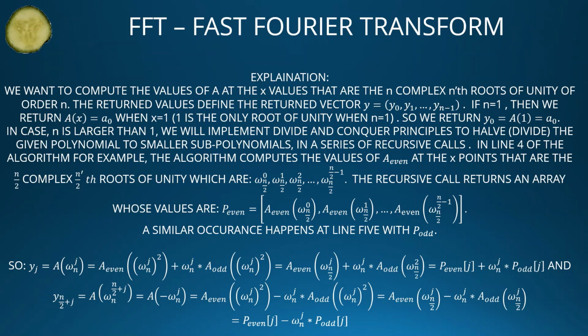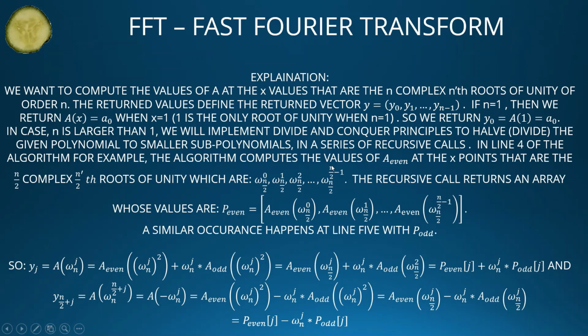In case n is larger than 1, we will implement divide and conquer principles to divide the given polynomial in half into smaller subpolynomials in a series of recursive calls. In line 4 of the algorithm, for example, the algorithm computes the values of A even at the x points that are the n divided by 2 nth roots of unity, which are the following.